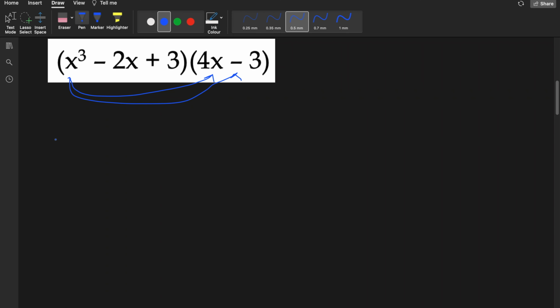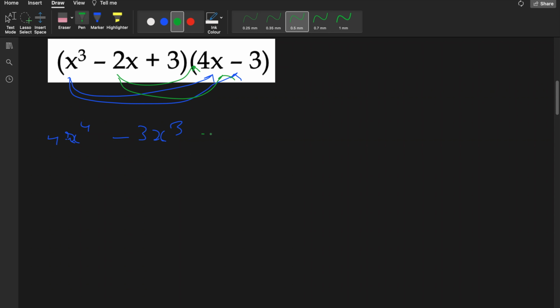So let's solve that. x to the power of 3 multiplied by 4x would give us 4x to the power of 4, and then negative 3x to the power of 3, and then this into this and this into this.